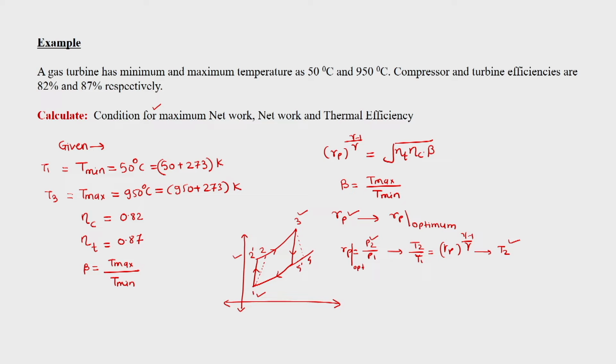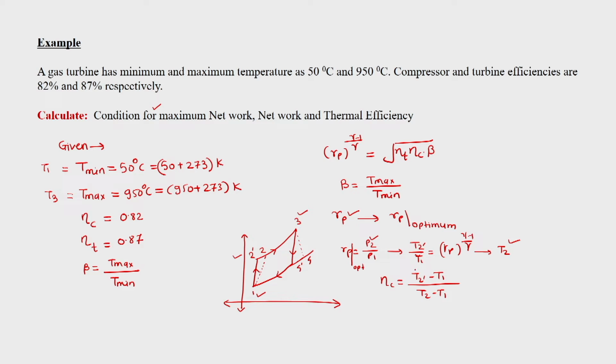But then there is a problem. T2 dash is what we know, but we do not know T2, so we have to use the formula for compressor efficiency. The compressor efficiency is the ideal work, T2 dash minus T1, divided by T2 minus T1.